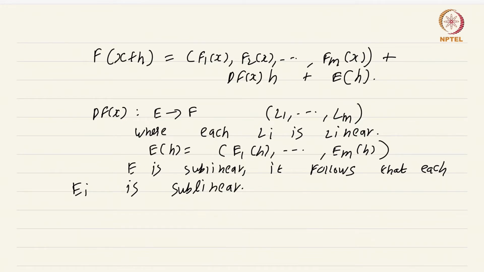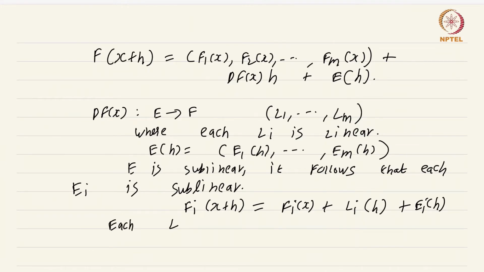Now putting all this together, what we get is fi of x plus h is nothing but fi of x plus Li of h plus Ei of h. This is just equating all the components. Okay, now it immediately follows that each Li is nothing but dfi at x, which shows that each fi is differentiable.